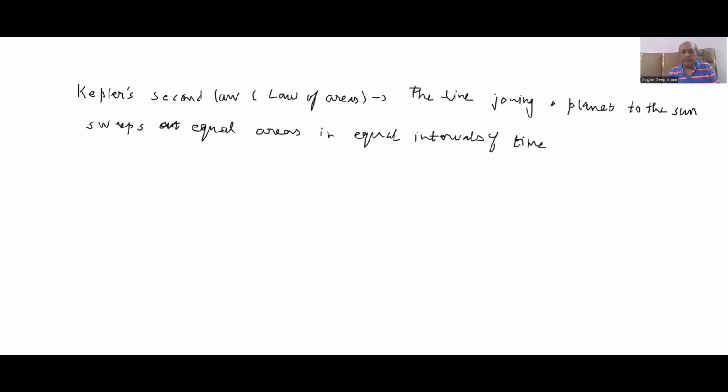The line joining a planet to the sun sweeps out equal areas in equal intervals of time.